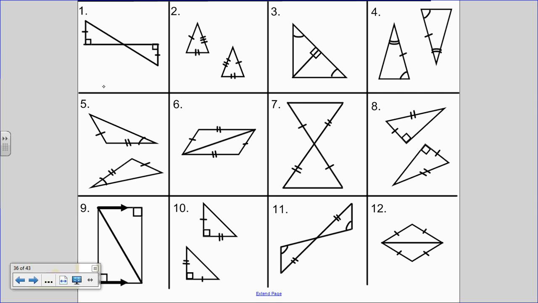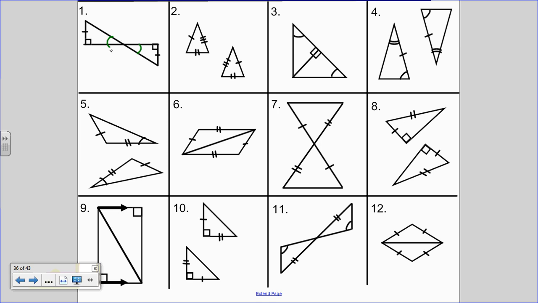All right, number 1. We have one congruent side clearly marked and one angle clearly marked. And then it's also set up like a bow tie effect, so we know that these angles here are also congruent.